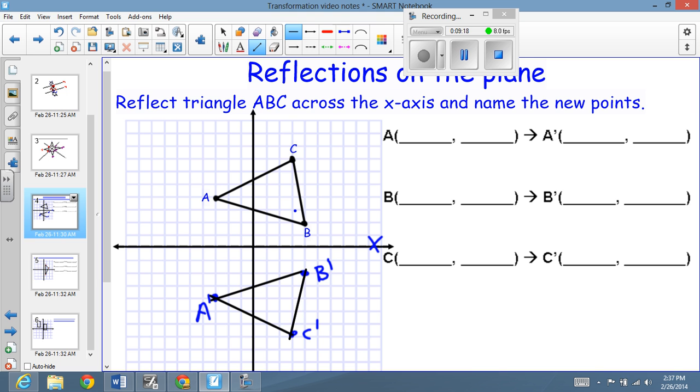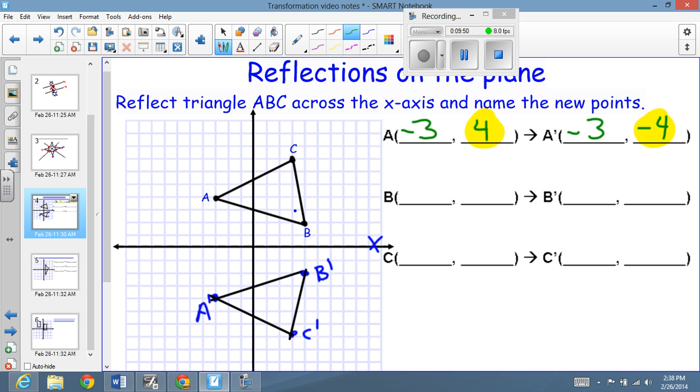So the big idea here is this. If we consider the fact that my original A was the point (-3, 4), and my new A is (-3, -4), we notice that flipping over the x-axis just changes the sign of the y value. Flipping over the x changes the sign of the y.